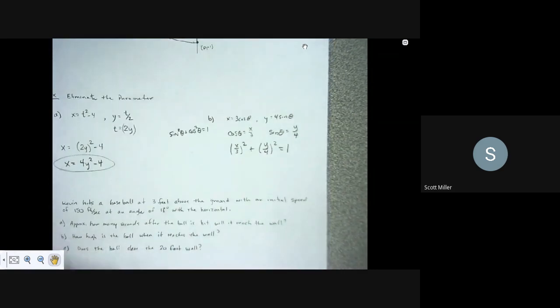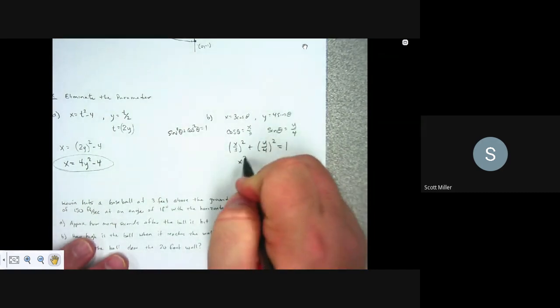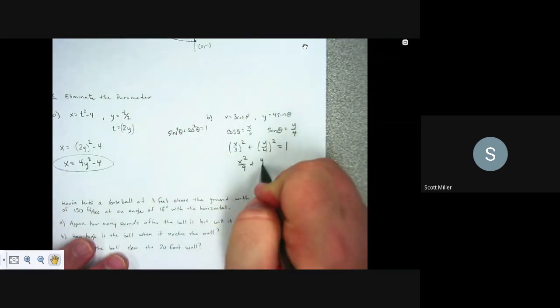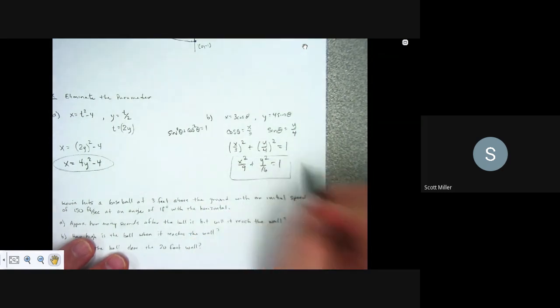And that's how I can use the identities to help me write equations with sines and cosine stuff. Working this out, you get x squared over 9, y squared over 16 is 1, and you are done. Okay?